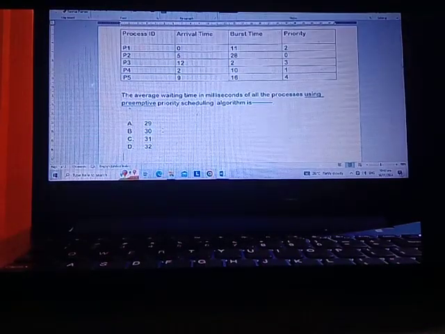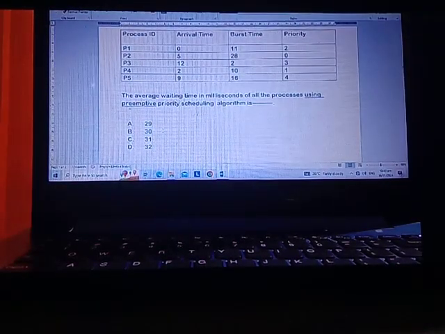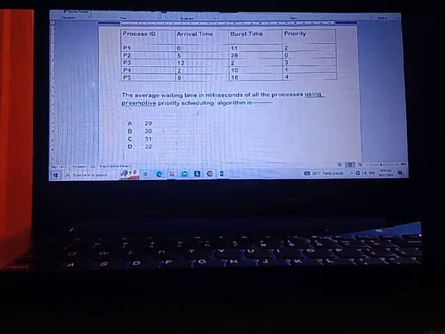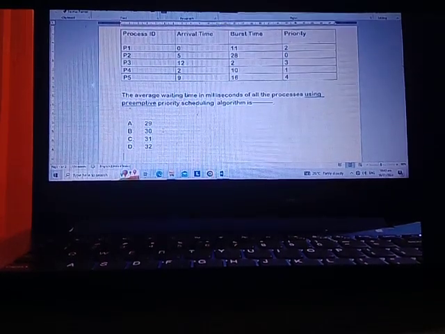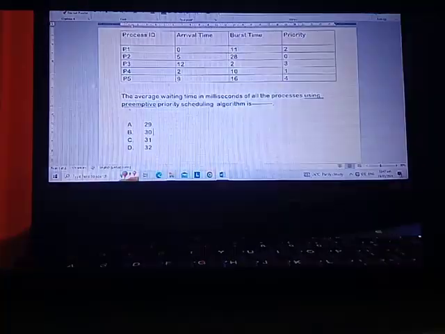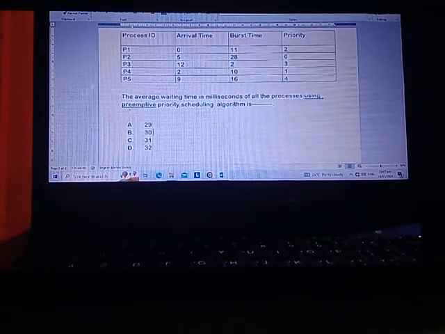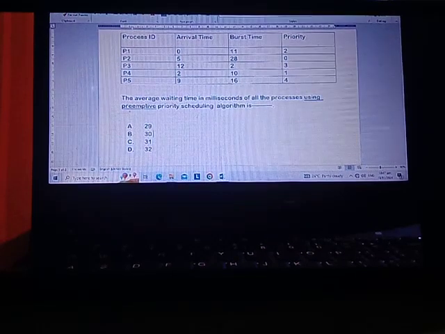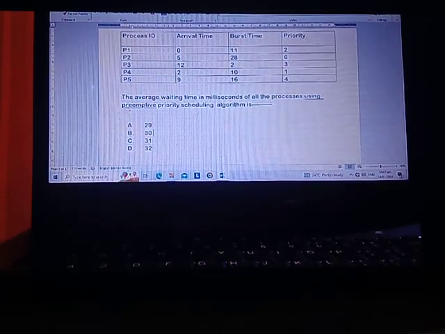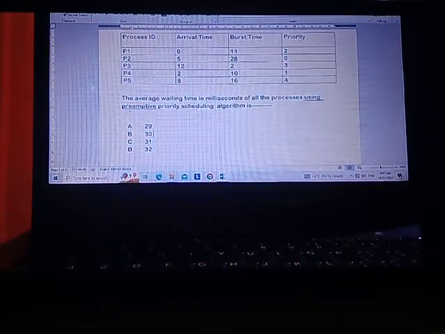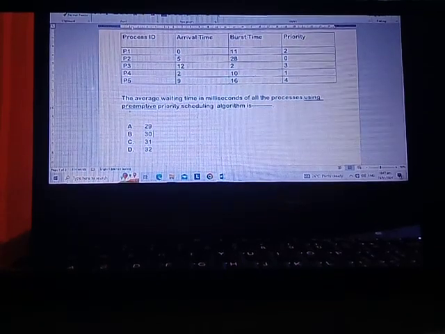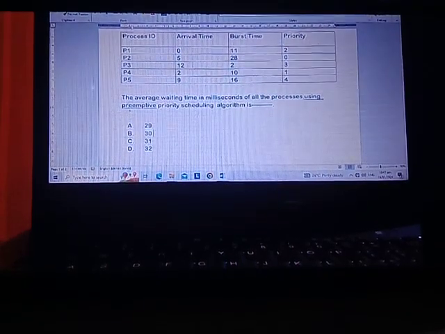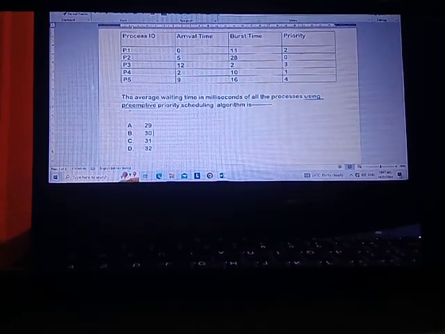Now P4 also completes its execution, so let's just cross it out. In the remaining processes, which are P1, P3, and P5, who has the highest priority? P1 is 2, P3 is 3, and P5 is 4. So among 2, 3, and 4, the highest priority is P1, which is 2. So P1 will be the next one to get the CPU.